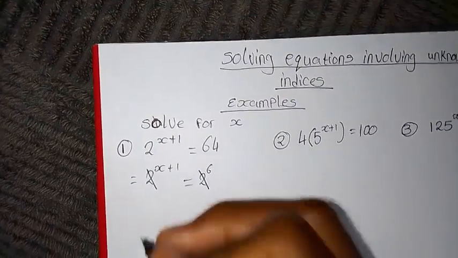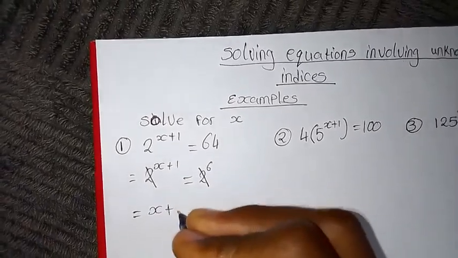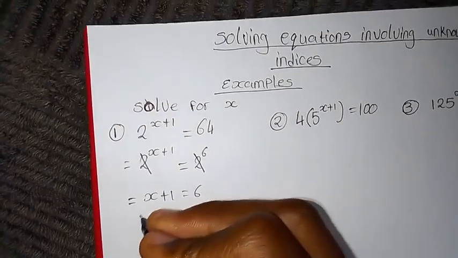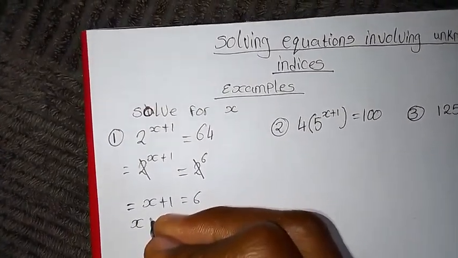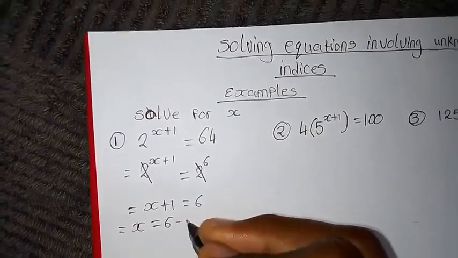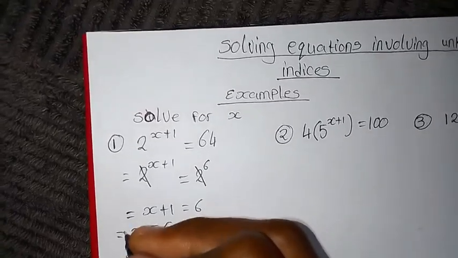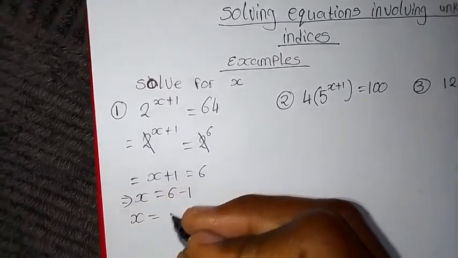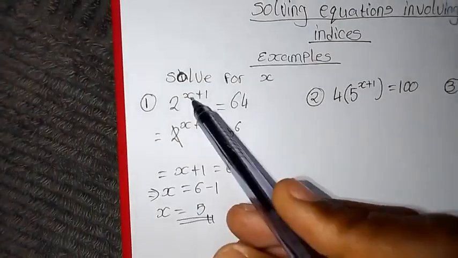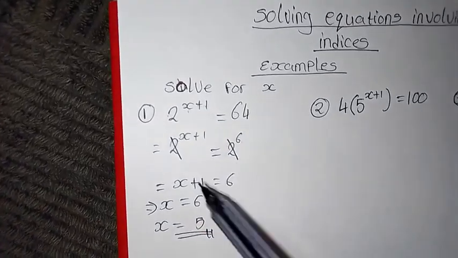So x plus 1 is equal to 6, and when you isolate x, x is equal to 6 minus 1, and x is going to equal 5. So 5 plus 1, which is 6. Have you seen that they equal?